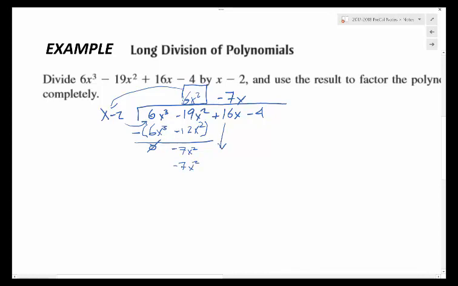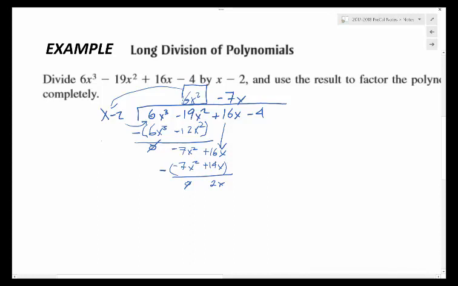I'm also going to bring this term down, and multiply it through and get positive 14x. Now I'm going to subtract away that term. By making it identical first, when I subtract it, the subtraction basically flips the signs on everything inside the parentheses. So my x squareds will cancel out, and I will get 2x, because 16 minus positive 14 is 2.